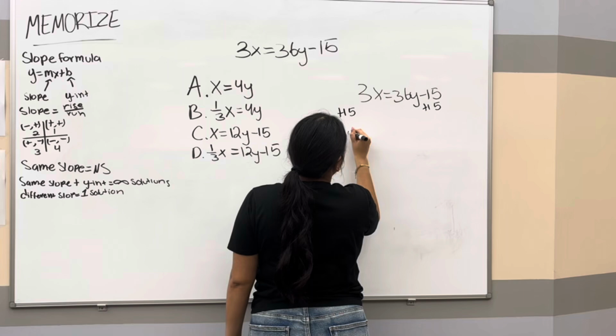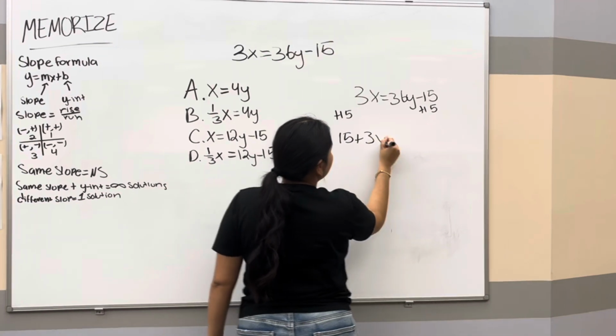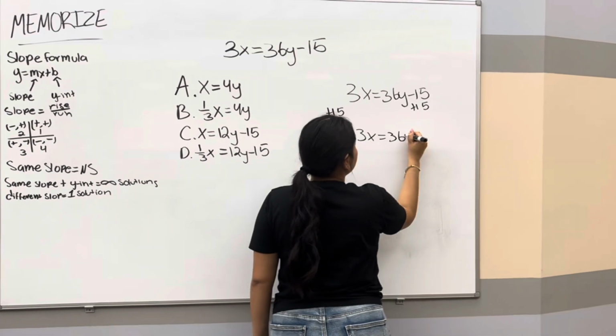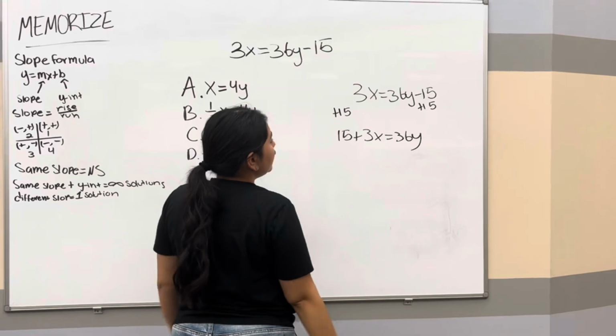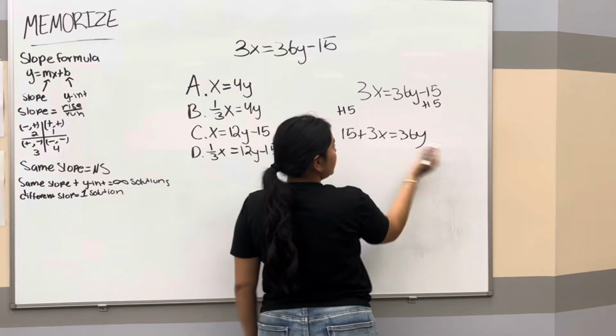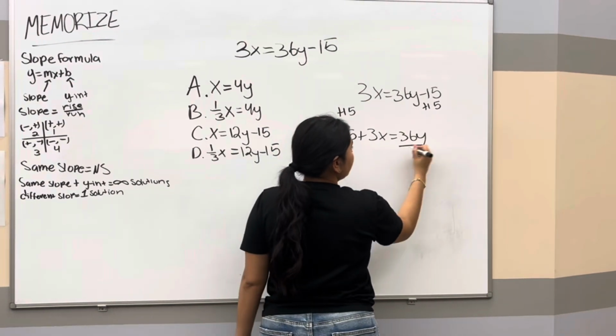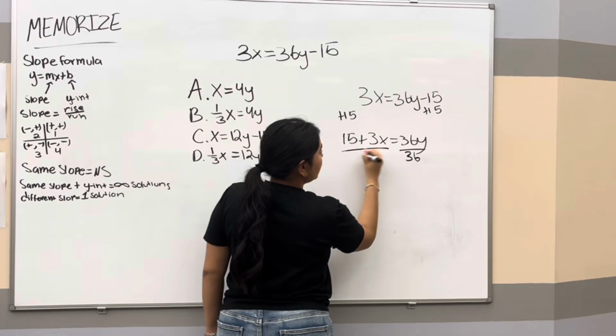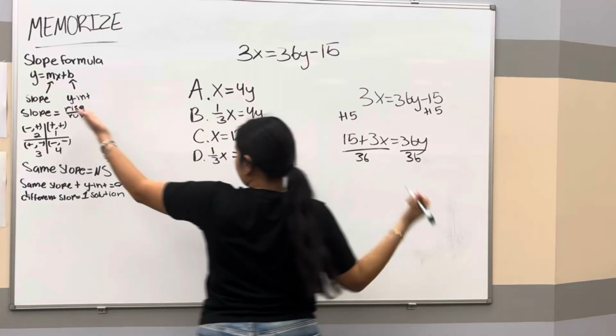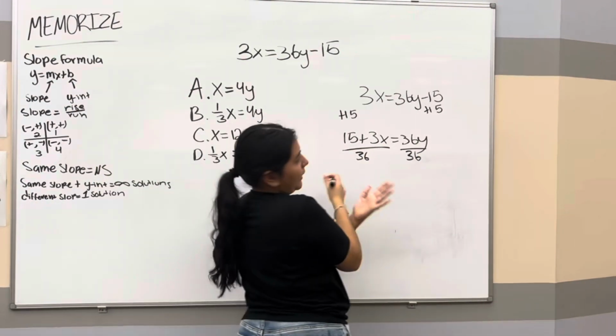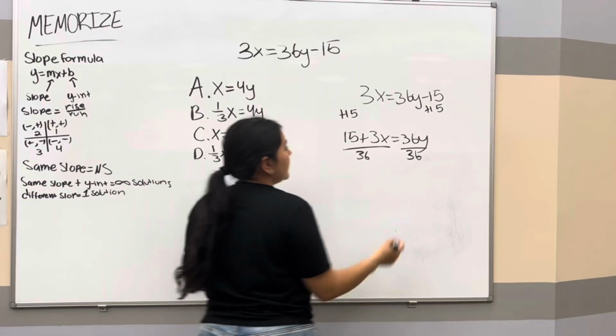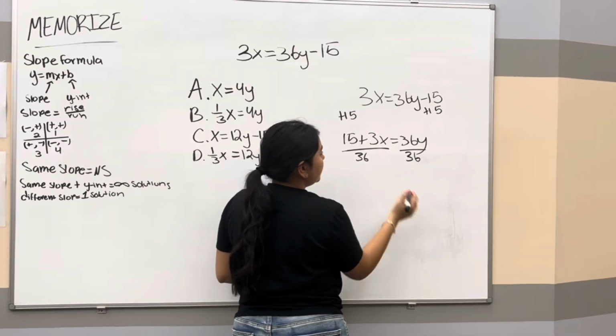So it would be 15 plus 3x equals 36y. Now, since we have the y alone, we can just divide by 36. It's the slope and y-intercept, just backwards, same thing.